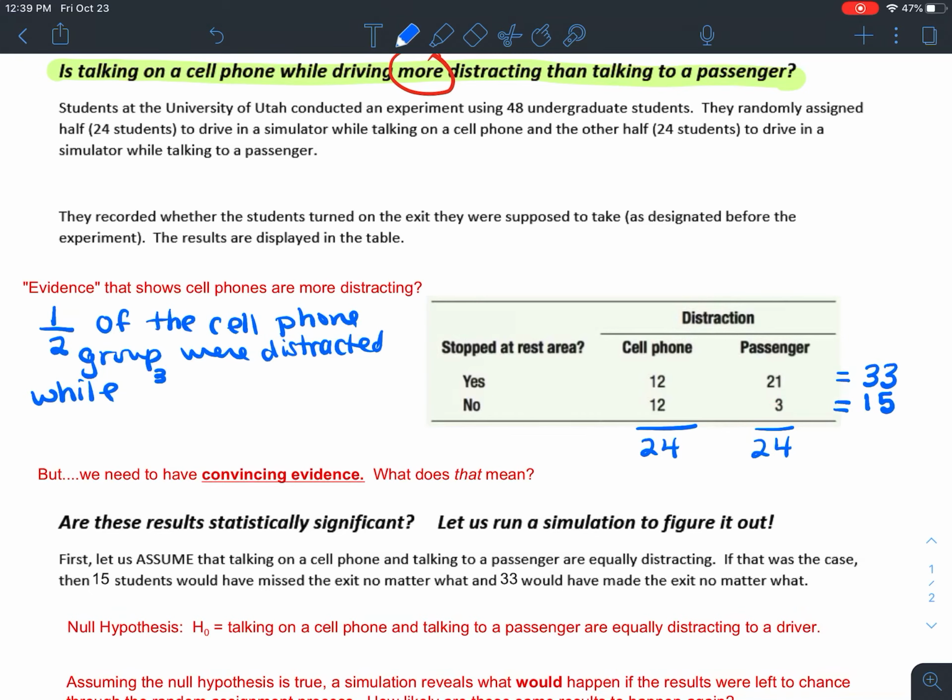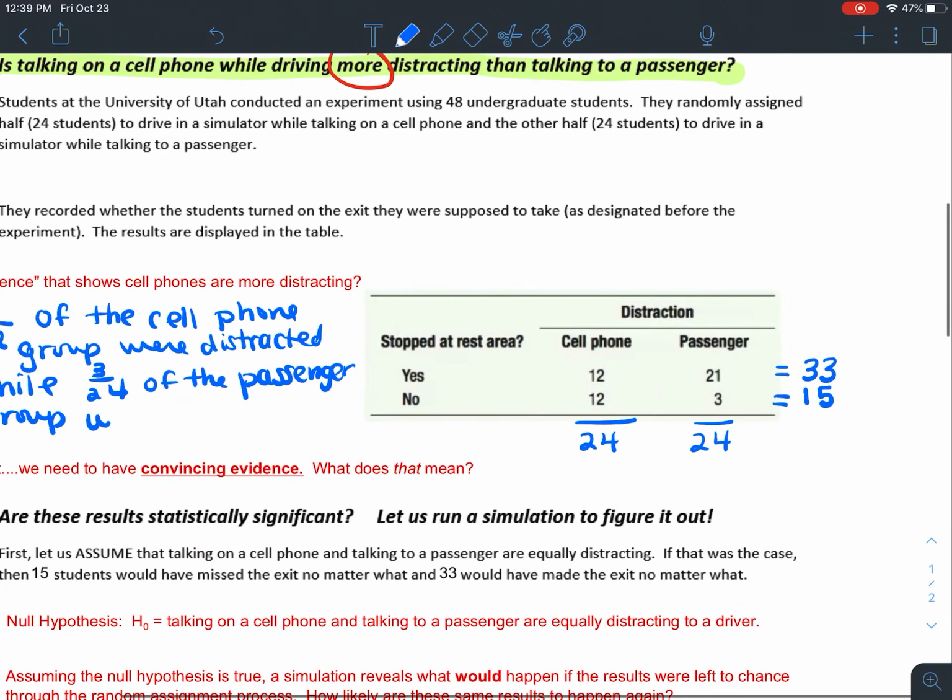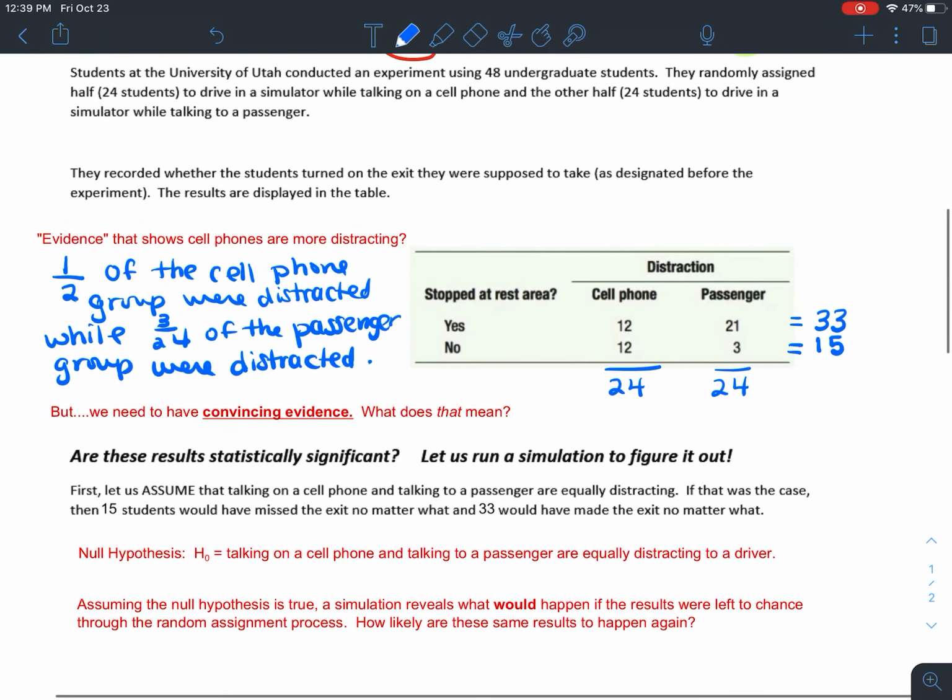While how many of the passenger group were distracted? Well, only 3 out of the 24 of them. Of the passenger group were distracted. Okay. Now, keep in mind, we have not performed our simulation yet.